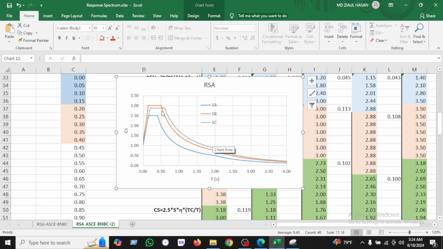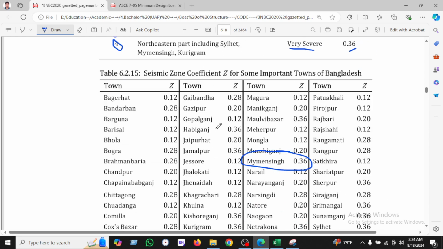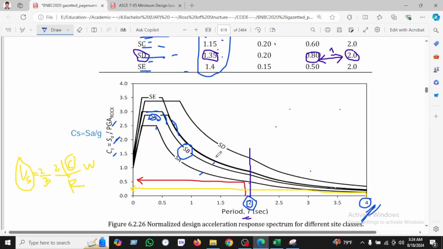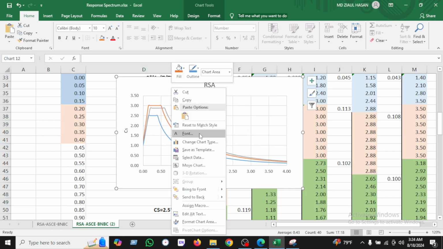We can see that SC is lower than SB. If you see the response spectrum curves, here is SC, and SB is here. SB is higher than SC. So I have drawn 1, 2, 3 curves. In the same way, we will take SD.